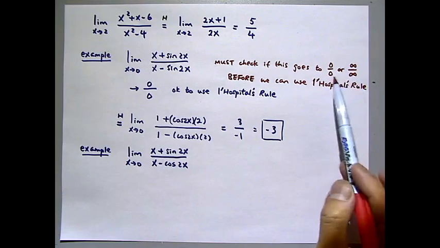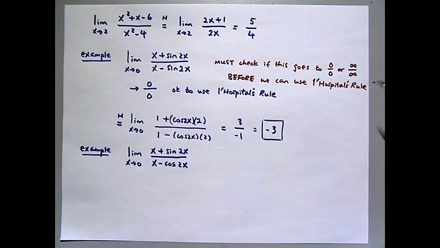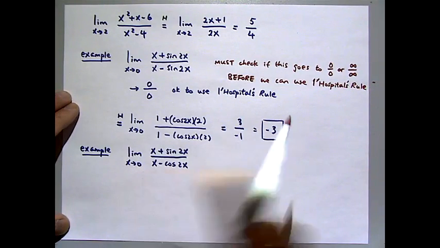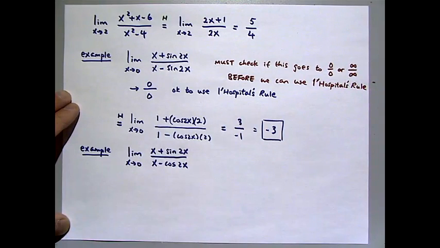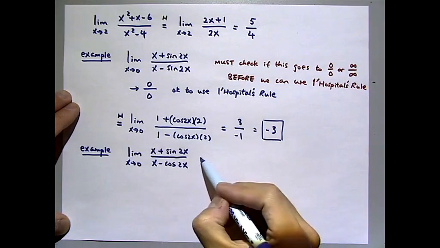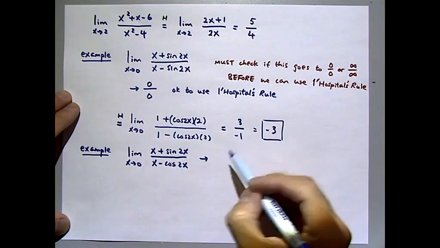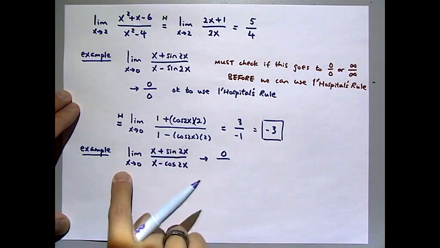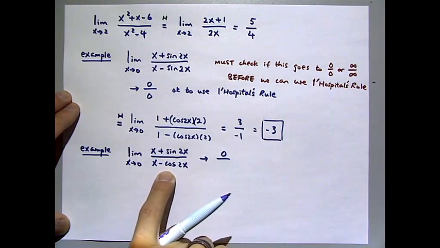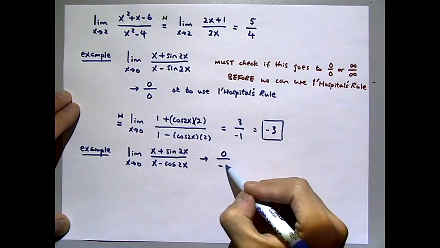These are the only two forms you are allowed to use that rule on. So let's see. When x becomes 0, I get 0 plus 0. I get 0 on the top. When x becomes 0, I get 0 minus 1. Okay?